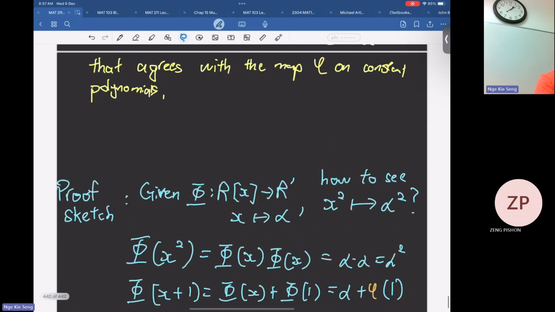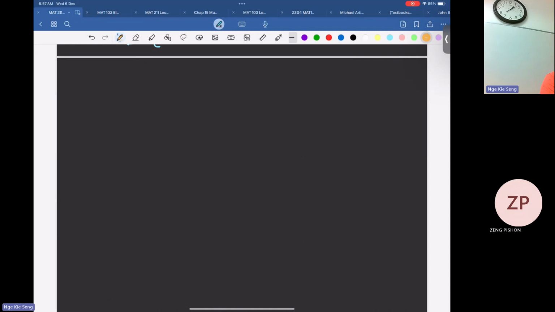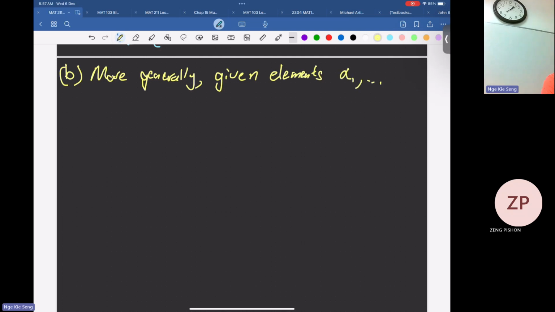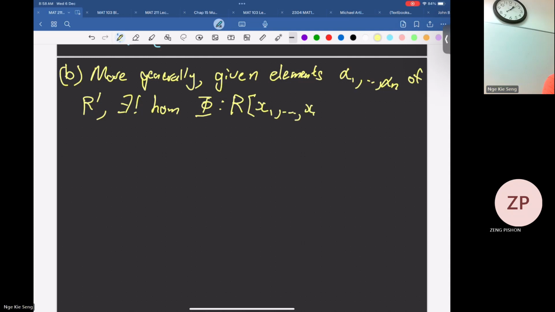So, okay, how about we just go forward? More generally, we can do n substitutions. Let's call them alpha 1 up to alpha n. Then there exists a unique homomorphism phi from R adjoin n variables to R prime.